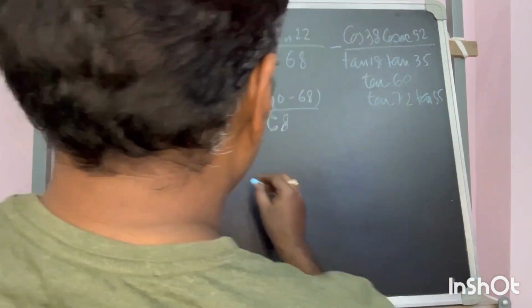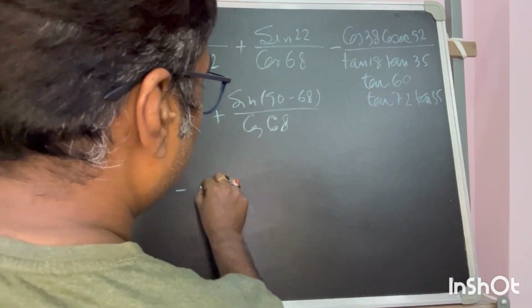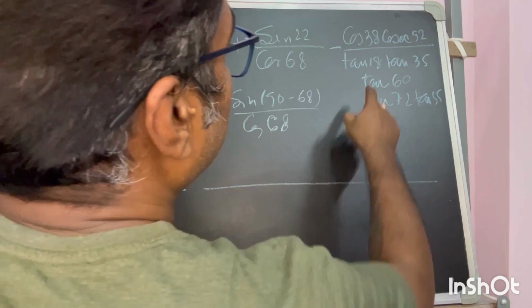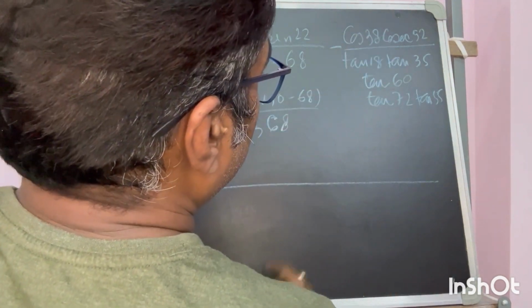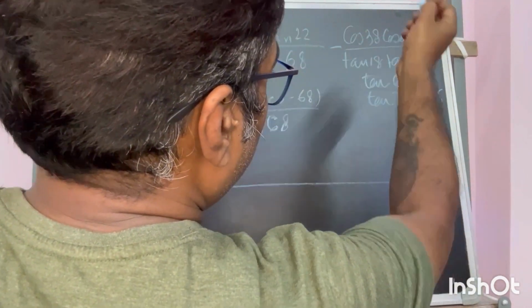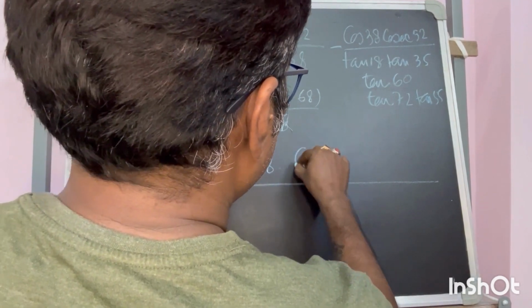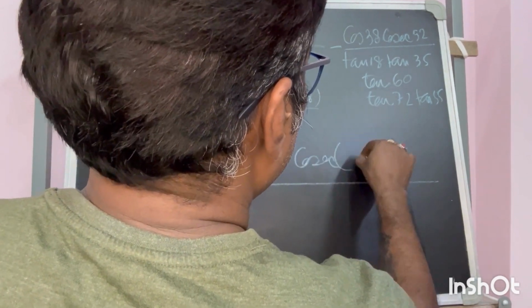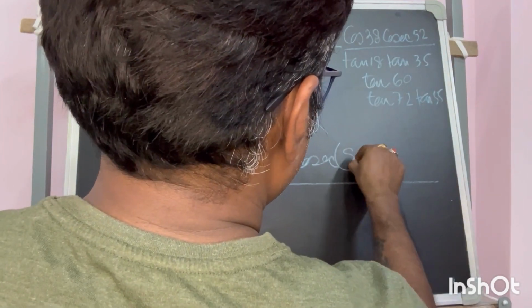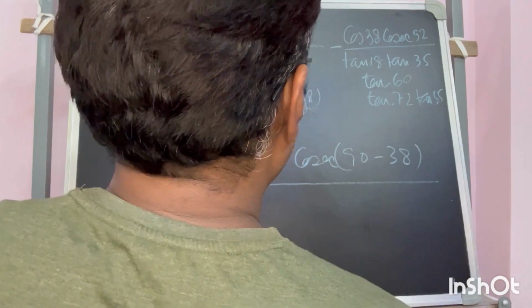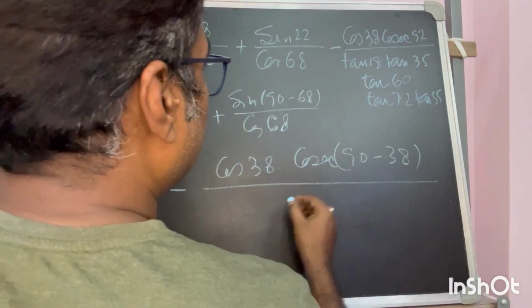The remaining I will write in the next line because it is very long. Cos 38 I will not change; rather, I will try to change cosec 52, that means cosec of 90 minus 38. Let's see if that helps.